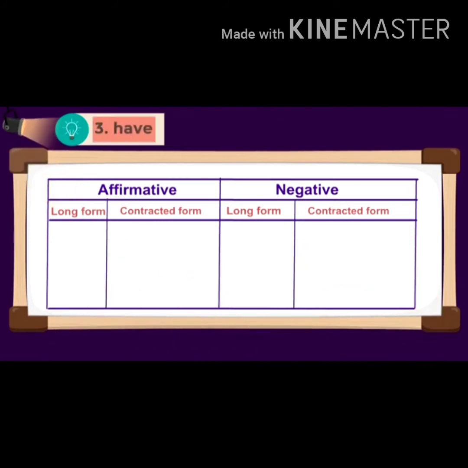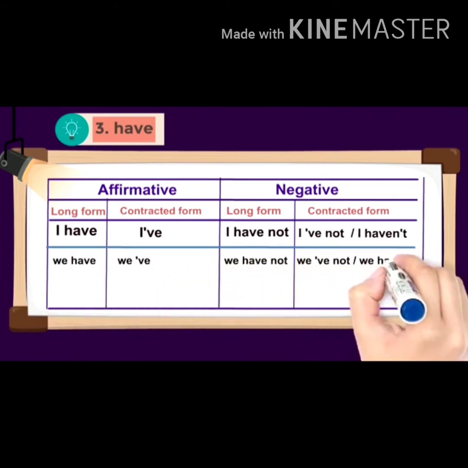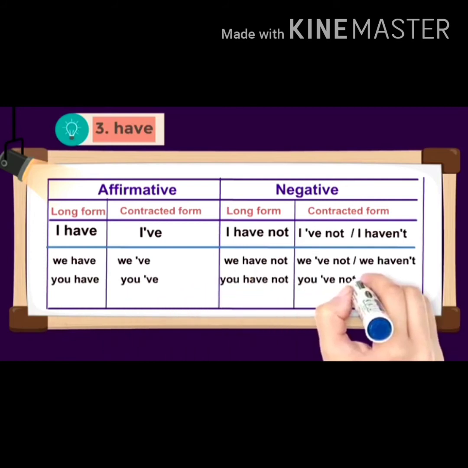Let's see forms with auxiliary verb have. I have, I've, I have not, I've not, or I haven't. Same forms are created with we, you, and they.